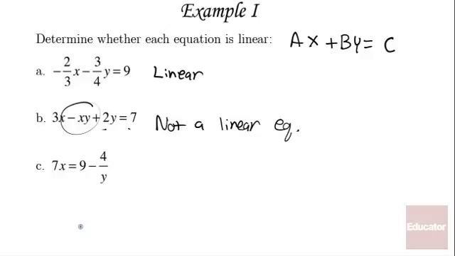And then I have my third one. With this third one, I wanted to try to put it into standard form, because if I can get it into standard form, then I can determine if it's a linear equation. The first thing I need to do is get this y out of the denominator. In order to do that, I'm going to multiply both sides by y.